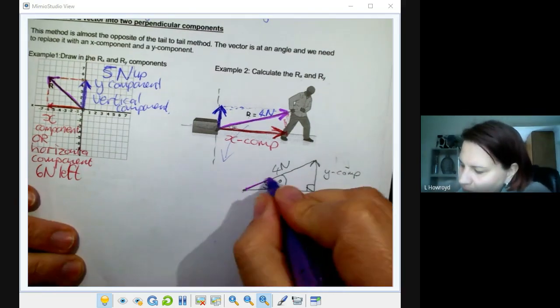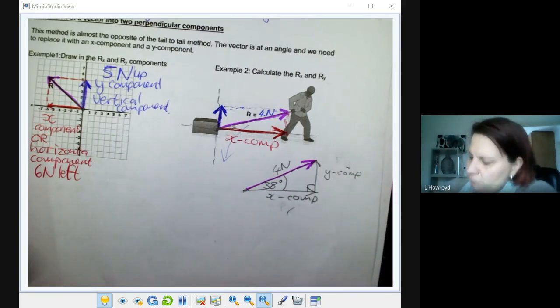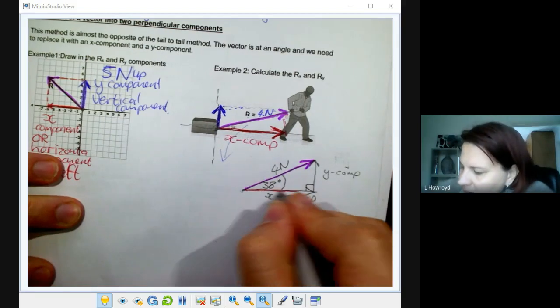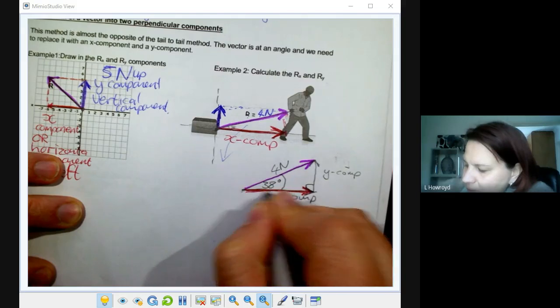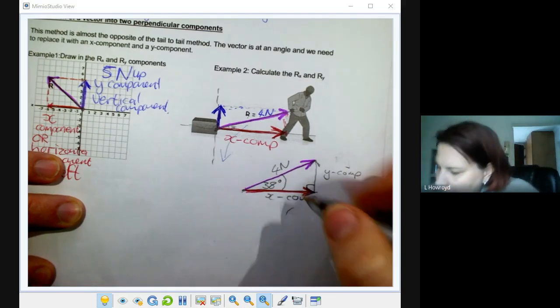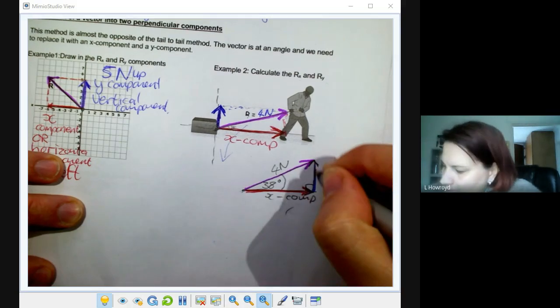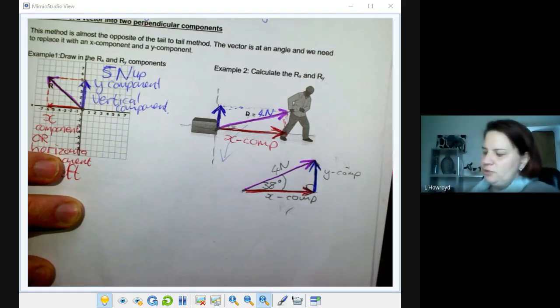Now I've got my purple line over here, and we keep them in the same order, the same direction. We've got our red one over here. So all I've done is I've redrawn this over here. Okay, I've redrawn it over there.